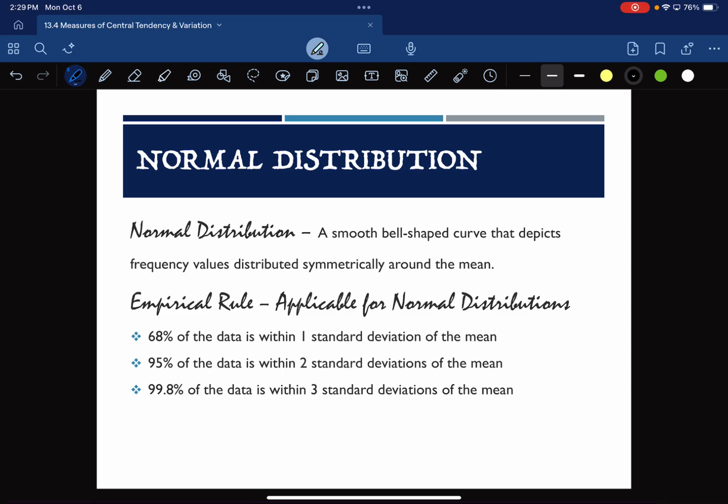The empirical rule says that if you have 1 standard deviation away from the mean, you have 68% of the data in that area. And if you go 2 standard deviations from the mean, you have 95% of the data in that part of the space. And if you go 3 standard deviations from the mean, you have 99.8% of the data.